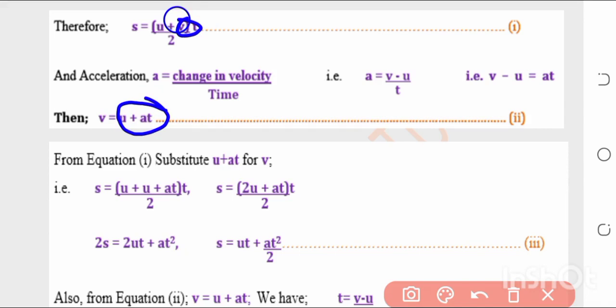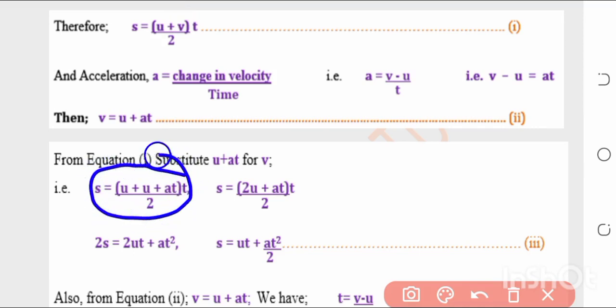That is what we are going to do, and that makes our equation 1 become this, because v has been replaced with u plus at, and with this we can perform mathematical operations. u plus u will give us 2u here, and we have our at over 2.